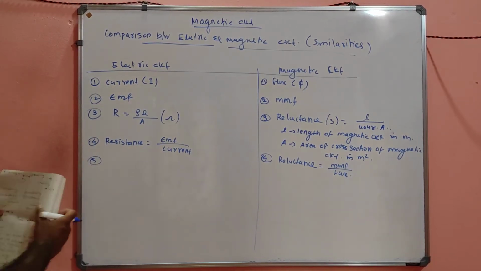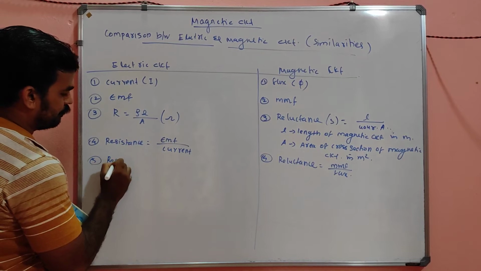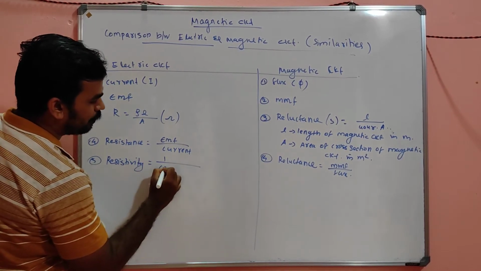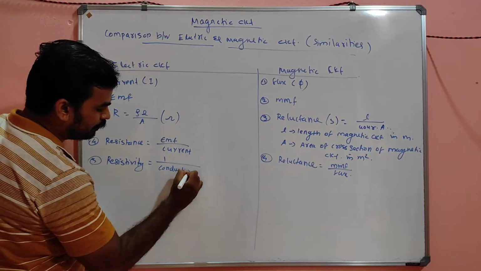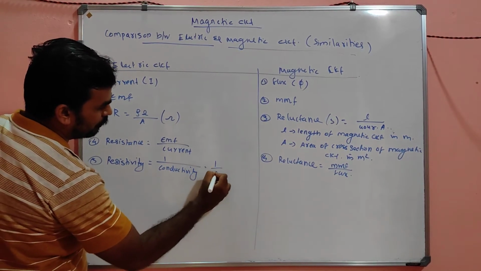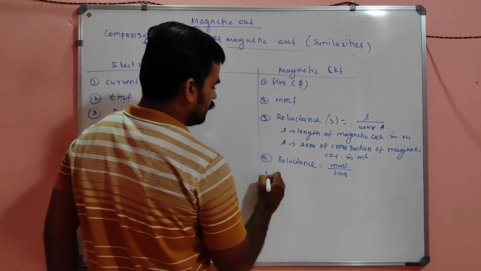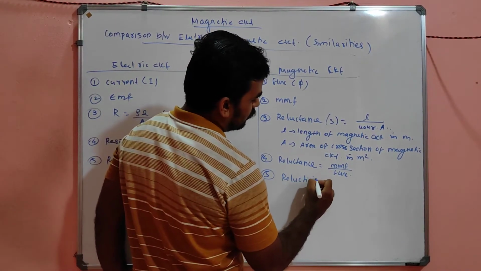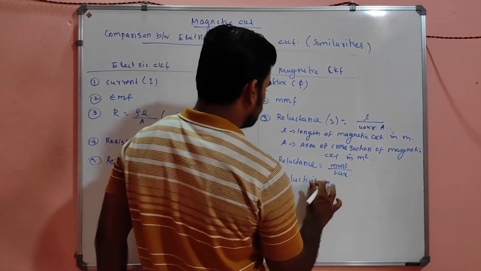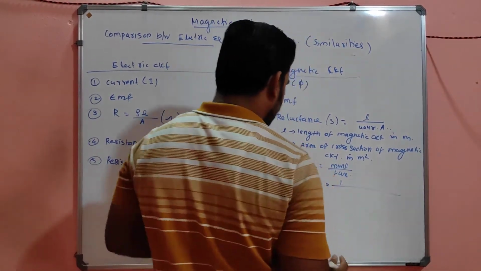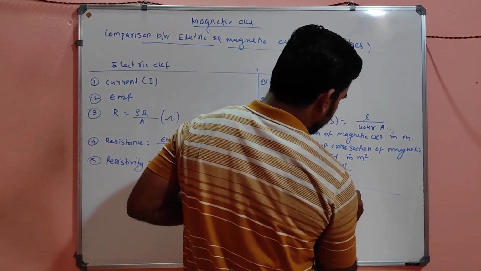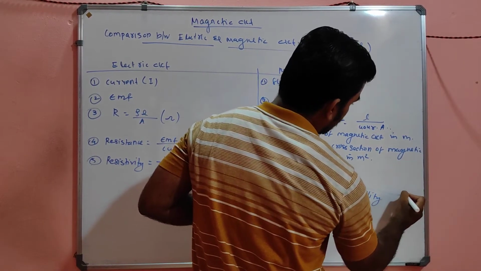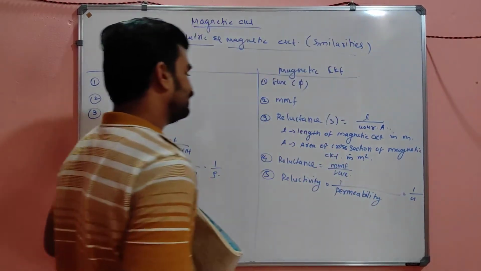And next, resistivity equal to 1 by conductivity, or 1 by sigma. Am I right? Similarly, here reluctivity is nothing but 1 by permeability, it's equal to 1 by mu.